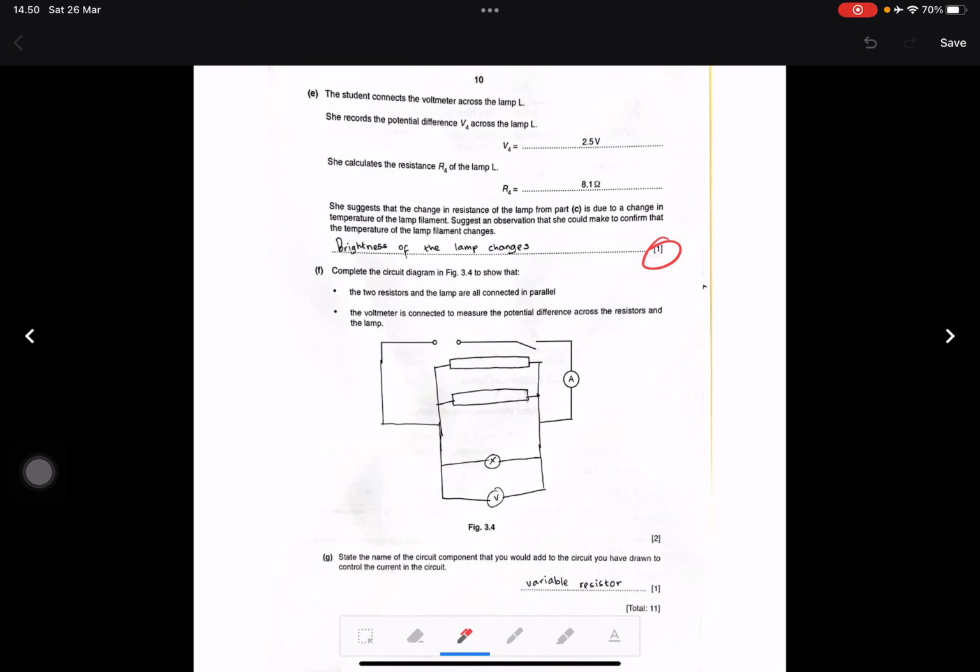F. Complete the circuit in figure 3.4. Two resistors and the lamp are connected in parallel. Yes, correct, this is in parallel. The voltmeter is connected to measure the potential difference across the resistors and the lamp. Yes, correct.